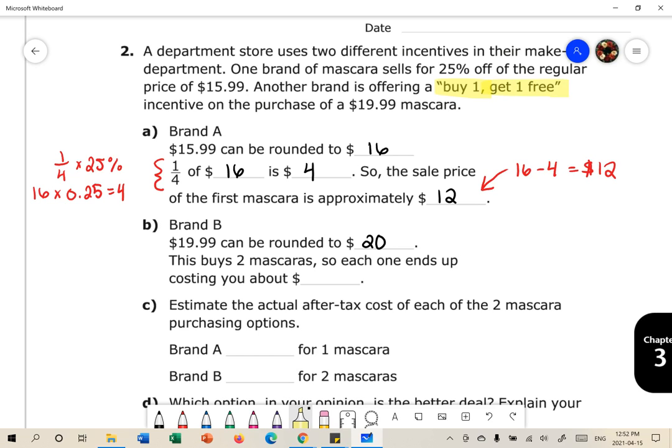So really you're getting 2 mascaras for $20, which means that each mascara is about $10. If you divide 20 by 2 mascaras, that is $10 for each mascara.